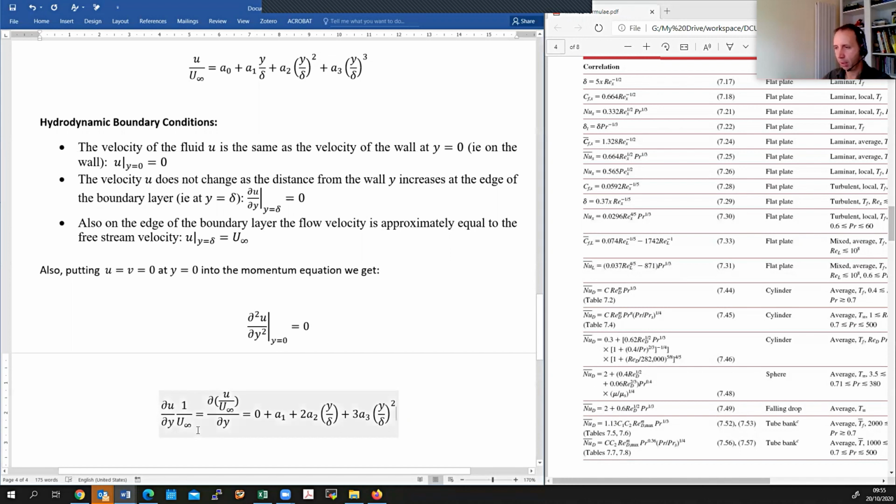Okay. So we have something useful. We know that all of this should be 0. So if you multiply by u infinite, you still have that equal to 0.